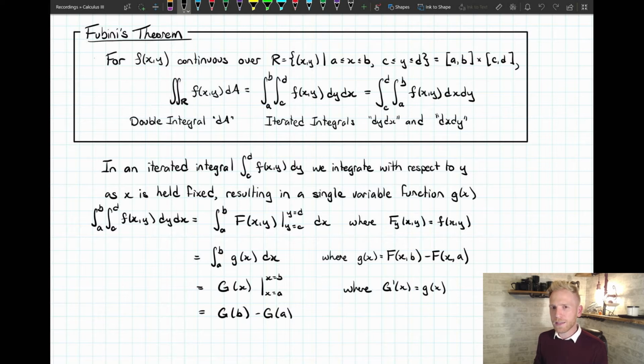We just integrate with respect to one variable at a time. Now keep in mind, this is with a rectangle and the boundaries are just going to be constants. That's not always going to be that easy, but for now, let's try an example so you can get a sense of how to tackle iterated integrals in general.